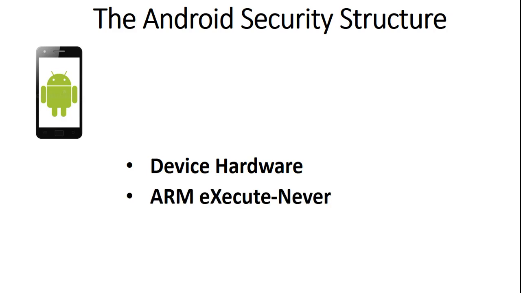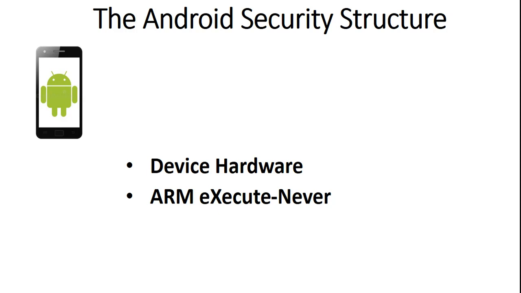But it does take advantage of some of the hardware-specific security capabilities, especially in the ARM architecture. Okay? And there's actually a security capability called ARM execute never, right? That prevents remote execution or arbitrary execution of any type of buffer overflows that perhaps can be exploited in the system.